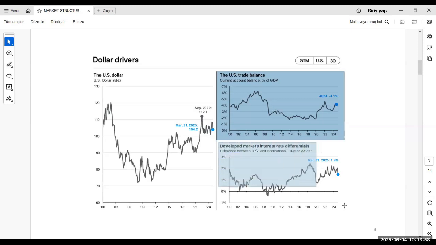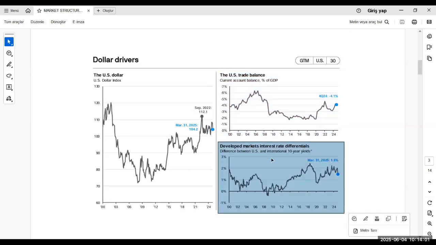The second one is this: the interest rate between the United States and the international 10-year yield. What do we mean by this? Let's say Kenya is their original country, and let's say I'm in Ethiopia or Egypt.